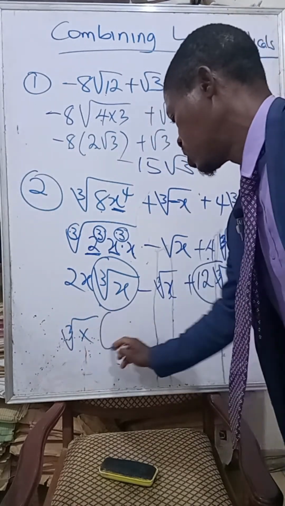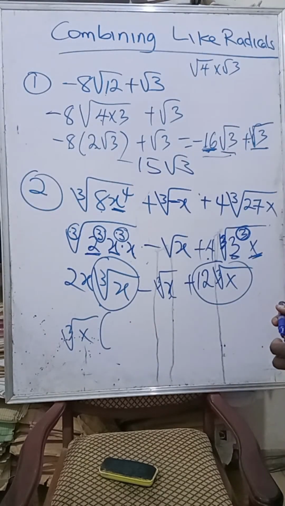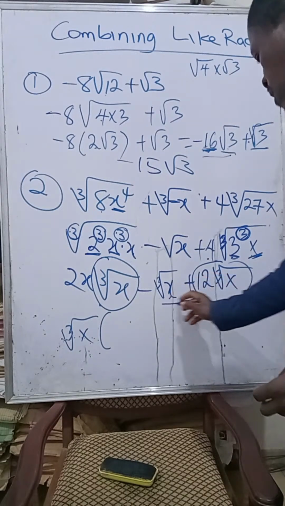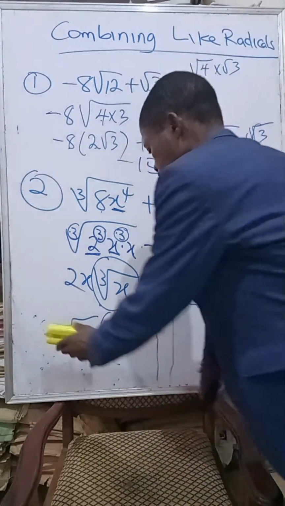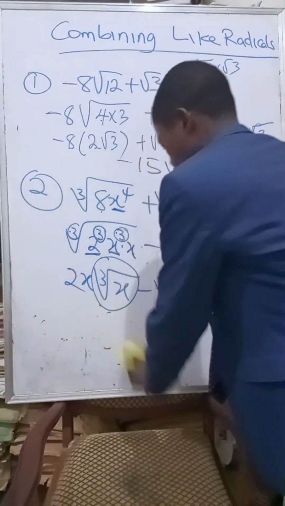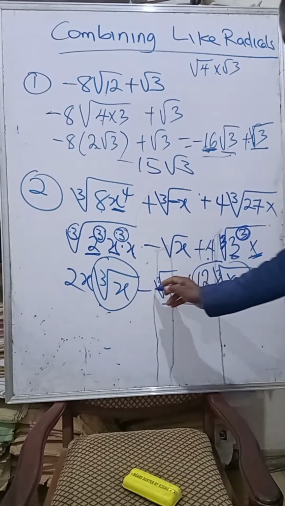Before we do that, we can add these two together. The coefficient here is 12, it's minus 1 here.